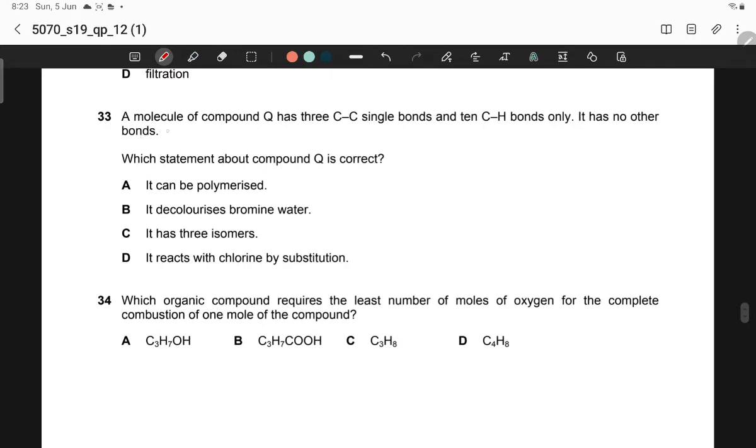Question number 33. A molecule of compound Q has 3 carbon to carbon single bonds and 10 carbon to hydrogen bonds only. It has no other bonds. Which statement about compound Q is correct?